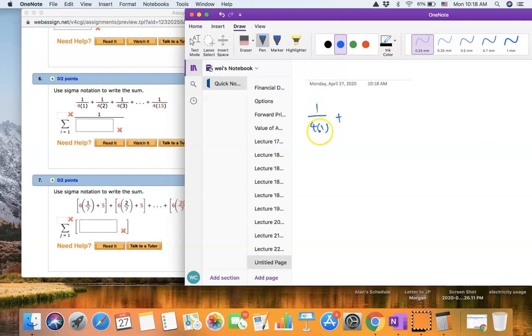So the first term is 1 over 4 times 1. The second term is 1 over 4 times 2. And 1 over 4 times 3, all the way to 1 over 4 times 15. So remember we said we can see a_i as a function of i, right? So when you look at each term, we can see only the value in the parentheses are changing, right?